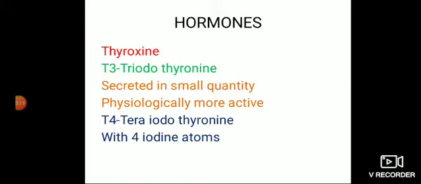T3 means triiodothyronine and T4 means tetraiodothyronine. Tri means 3 iodine atoms and tetra means 4 iodine atoms. T3 is produced in a small quantity but it is physiologically more active than T4. But the role of T3 and T4 is similar, so we call them the thyroxine hormone.